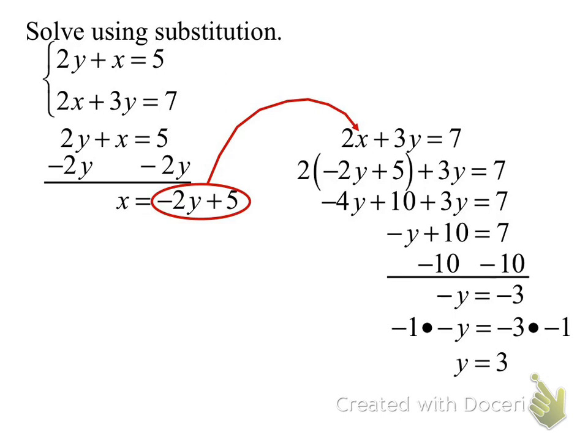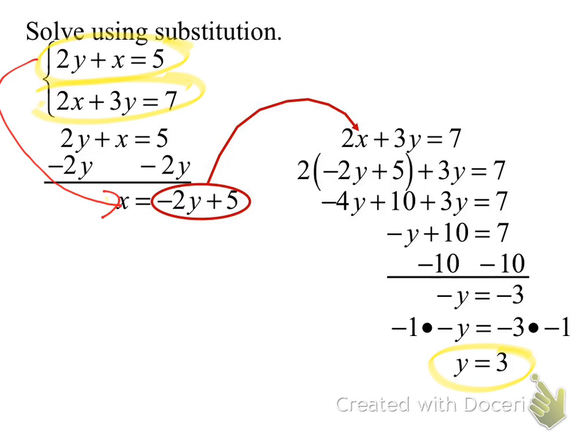I can then go back to either original equation, either this one or this one, substitute in that y. Now, it could be the original or the new equation. So aren't these two exactly the same? Right? It's just been reworked.